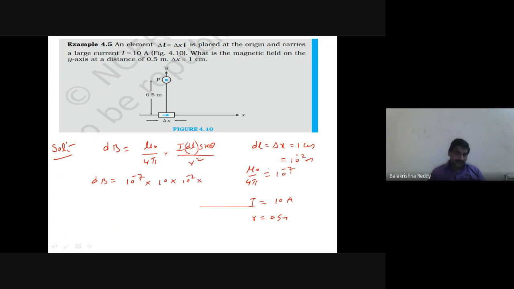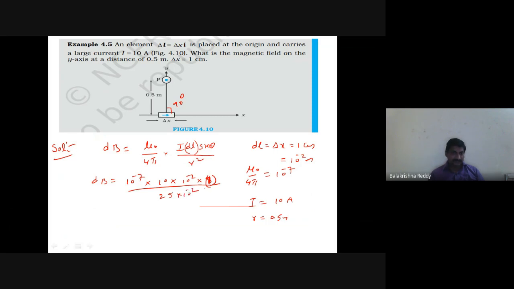Since they show 0.5 meters along the y-axis, it is completely a 90 degree angle here in the question. So sine 90 gives us 1. Now r square is 0.5 whole square. I write 5 into 10 to the power of minus 1, so 25 into 10 to the power of minus 2.